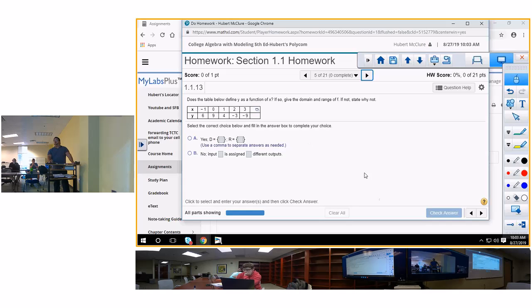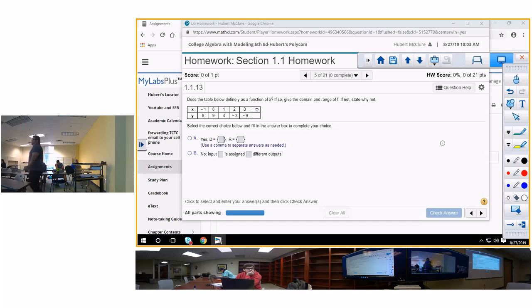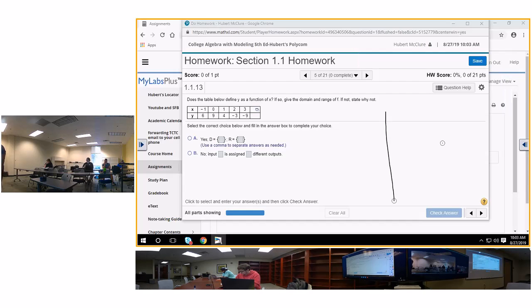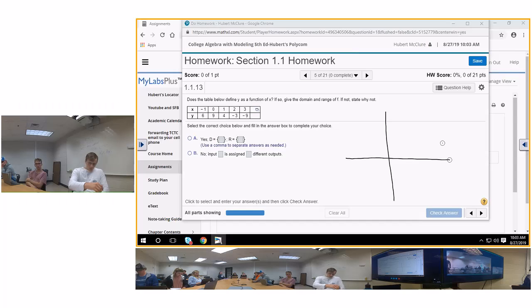So let's just draw this function, because I'm a firm believer that if you draw a function, you can tell a whole lot more about it than if you just look at the points. So, when in doubt, draw it out.